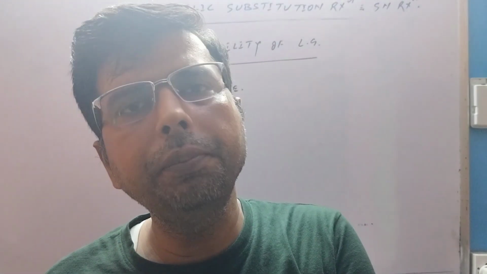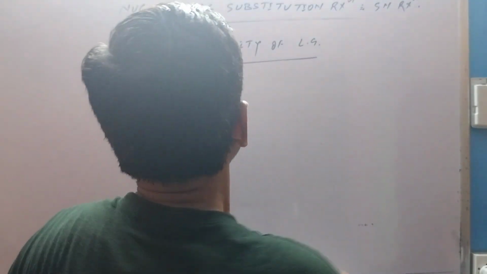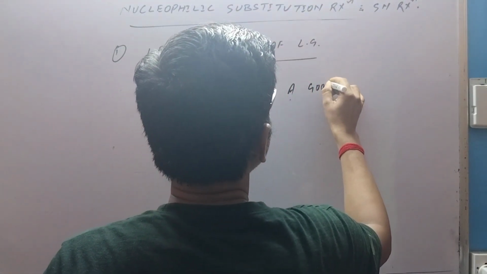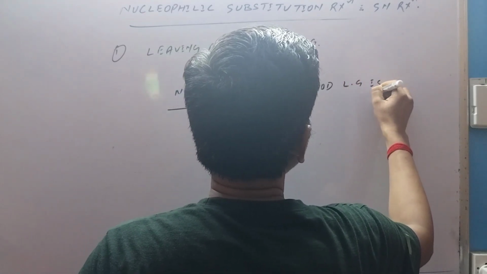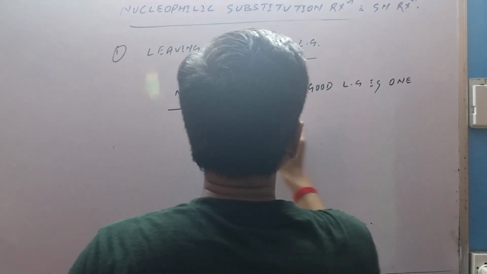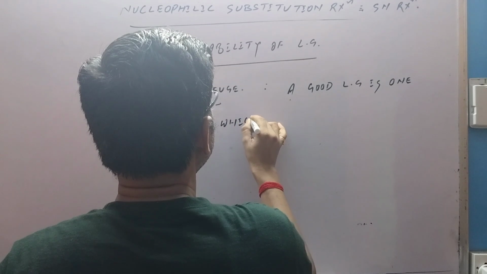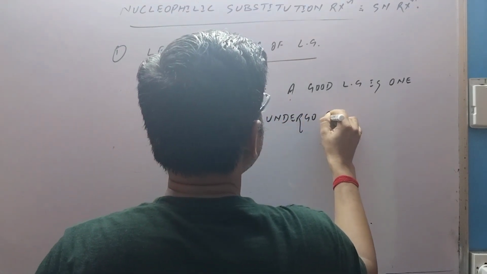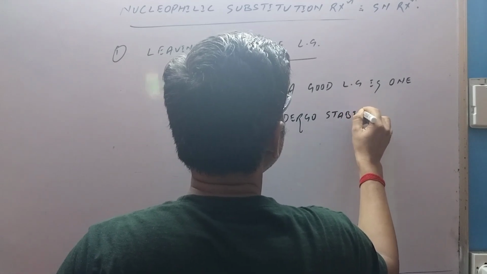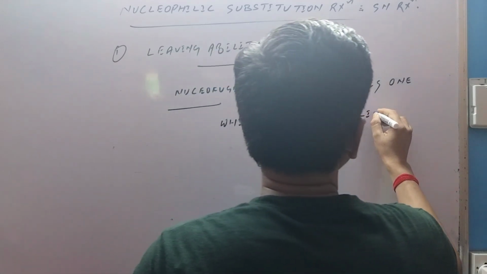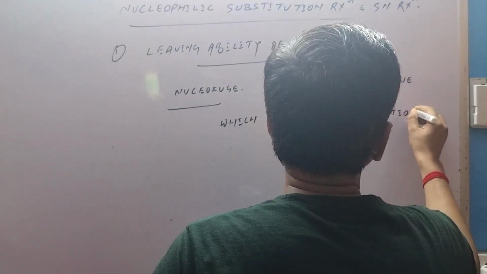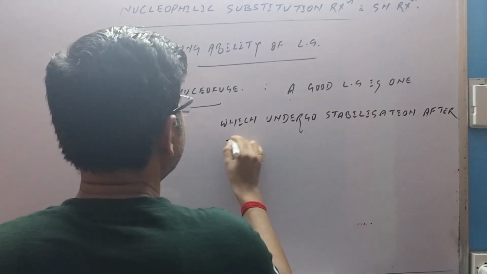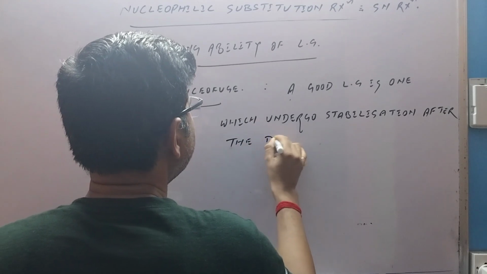Nucleofuge simply represents leaving group. A good leaving group is one which undergoes stabilization after the departure.